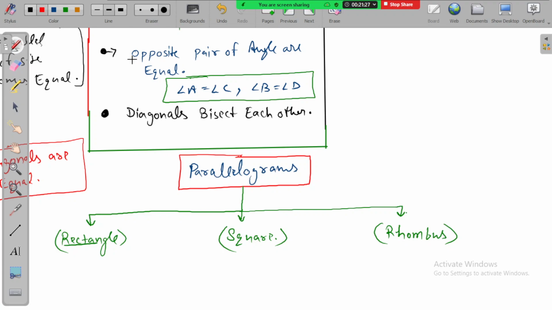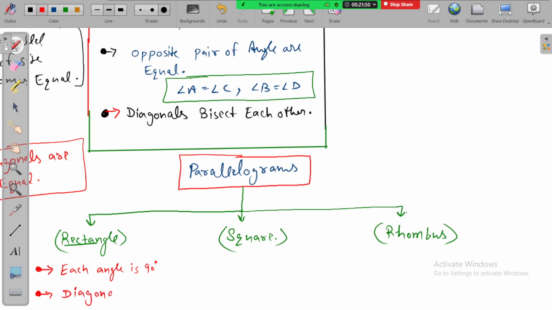These four properties are still there, okay? The properties that we discussed are still there. Now we will be adding two more properties. So what are those two properties? In a rectangle, each angle is 90. The corner angles are 90 degrees, and the diagonals are also equal.